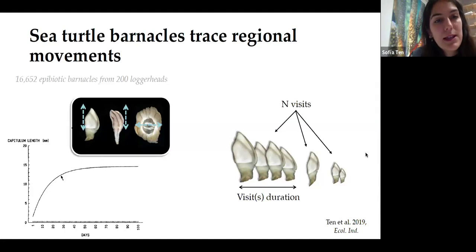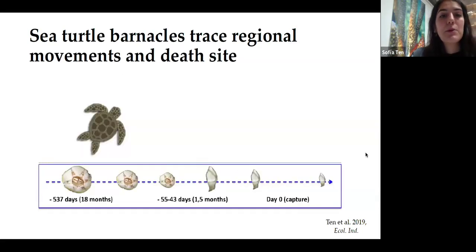So for illustrating this, I'm going to give you an example of one turtle in particular. On this turtle, we found really large Chelonibia barnacles, so the ones that are recruited in coastal waters. And we found a really precise gradient of sizes, so ages, on this turtle, decreasing from a size that indicated attachment a year and a half before capture to a size that indicated an age of about 1 month and a half.